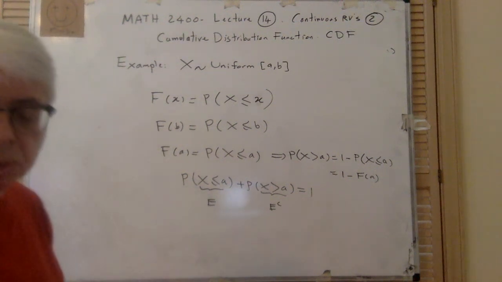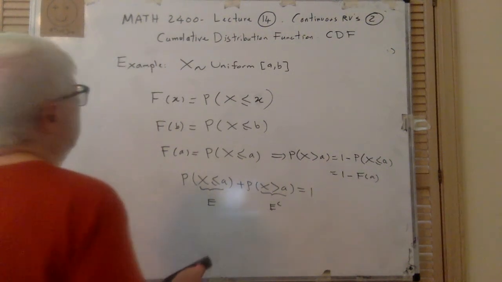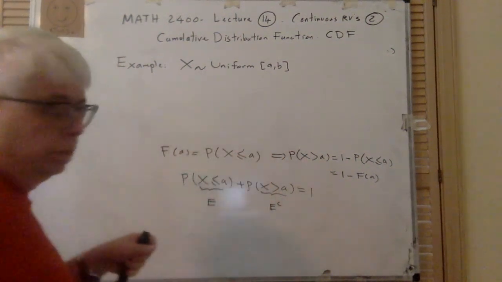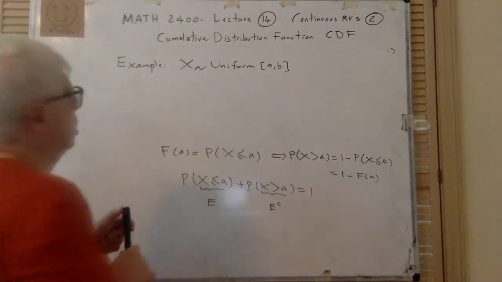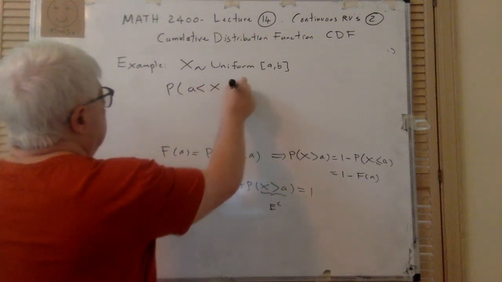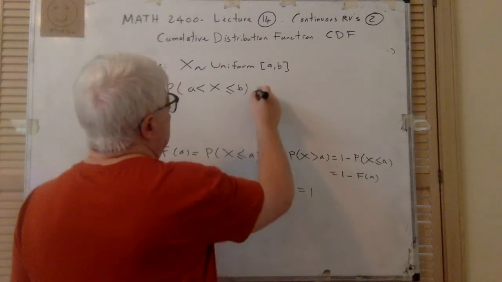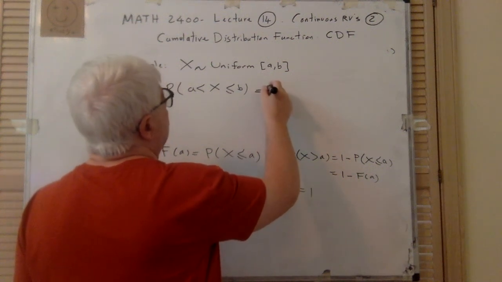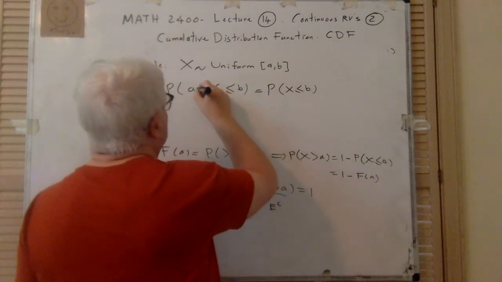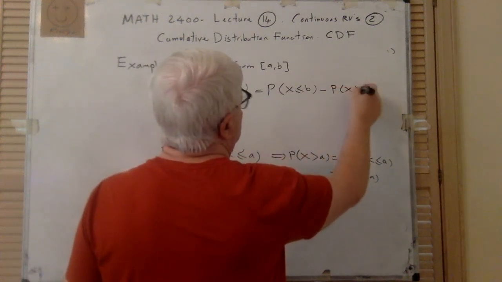So this also gives me a nice formula for calculating the probability of something between two points. So what is that? P(a < X ≤ b) will be P(X ≤ b) minus P(X ≤ a).